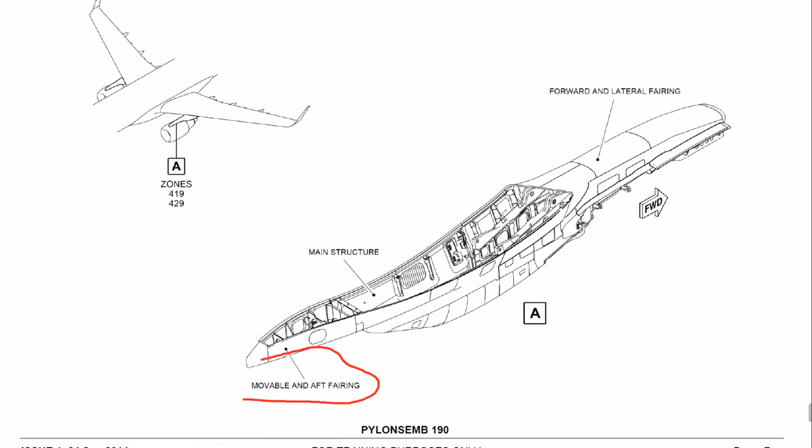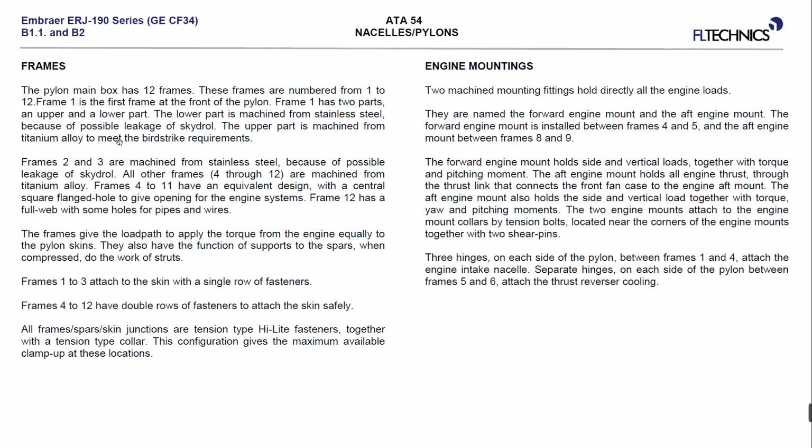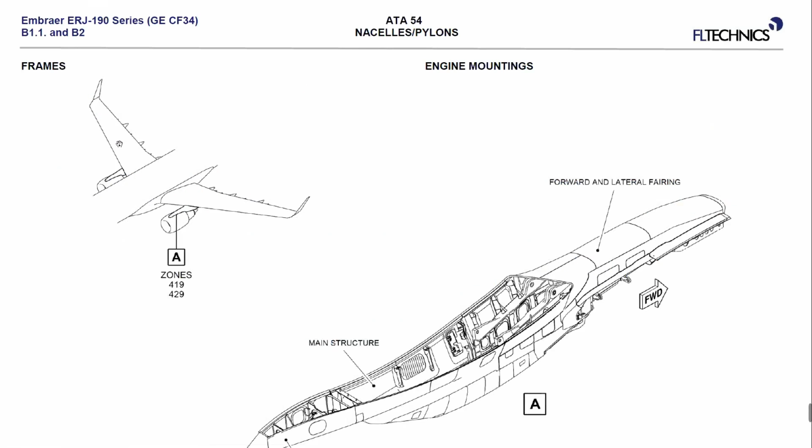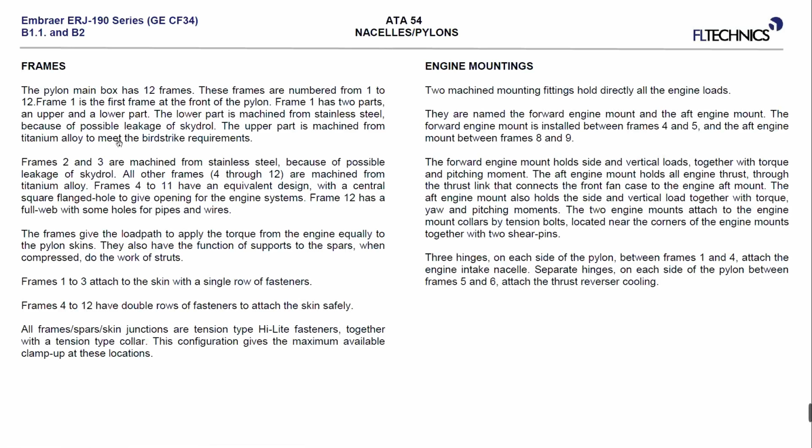We have this main structure, which is used as part of the pylon, and we have forward and lateral fairings. They are composite materials. What else can I tell you that's interesting? We have 12 frames. The main box has 12 frames from number 1 to number 12.